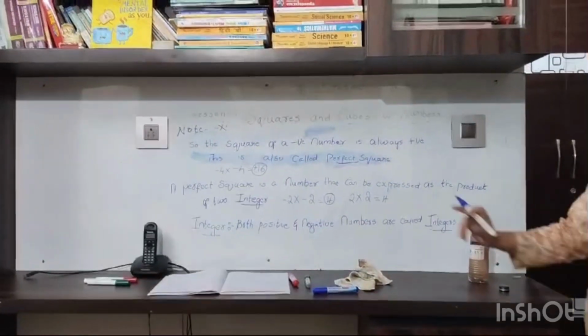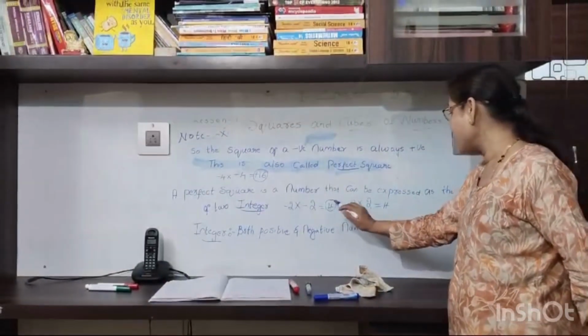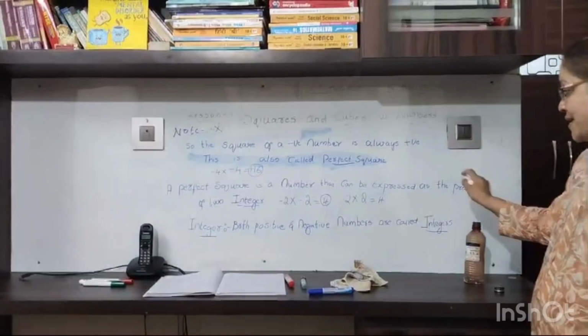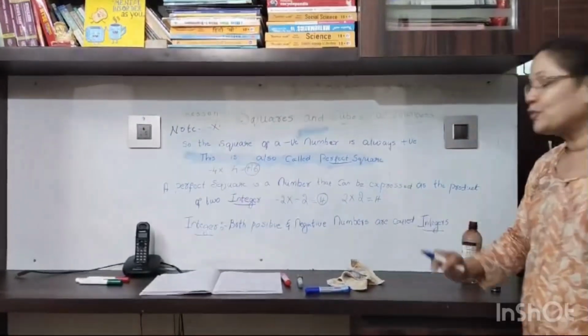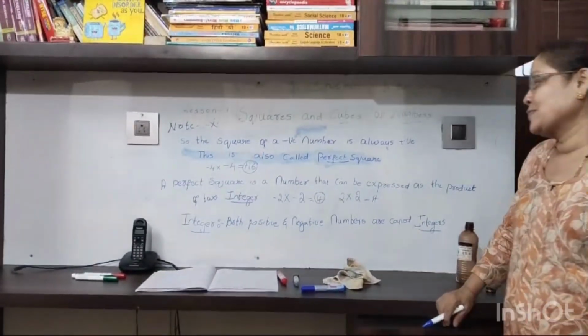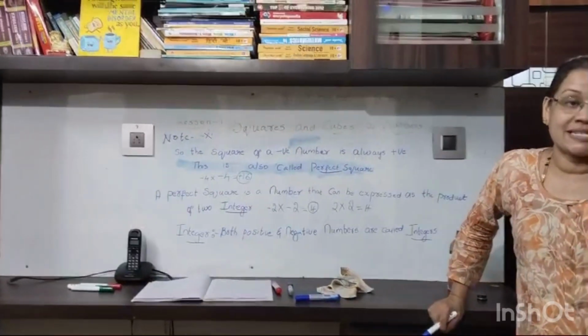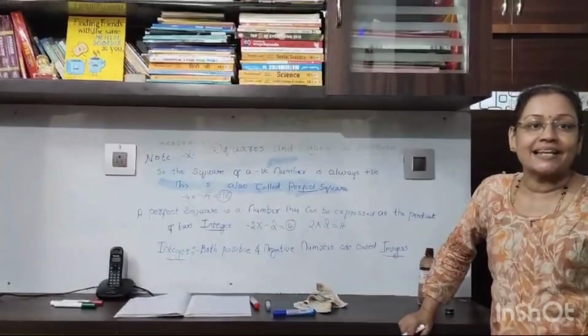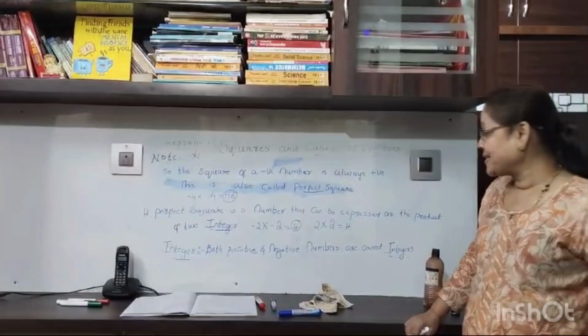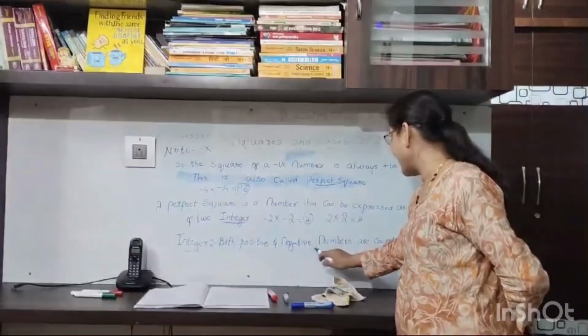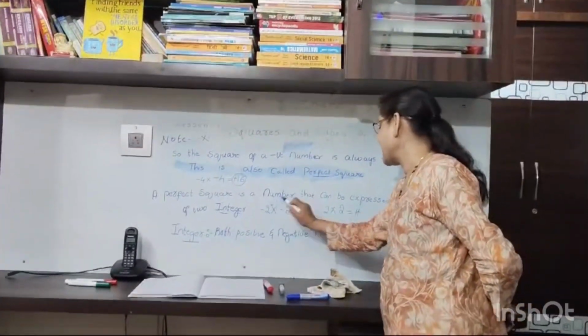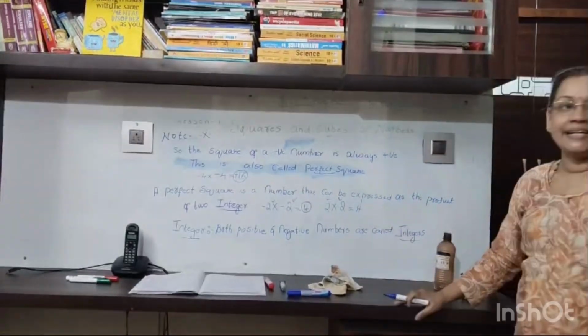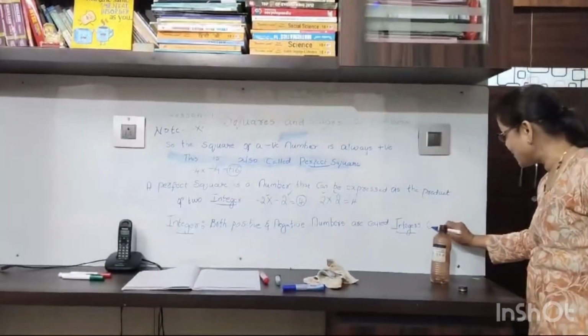As I told you in this definition, it is a number that can be expressed as a product of two integers. So you might ask me a question. What is an integer then? It is nothing but both positive and negative numbers are called integers, including 0.